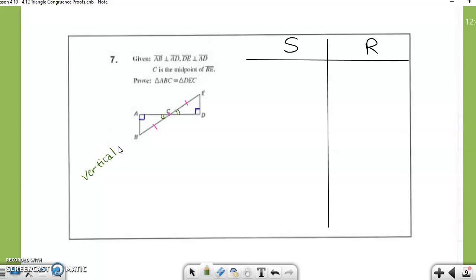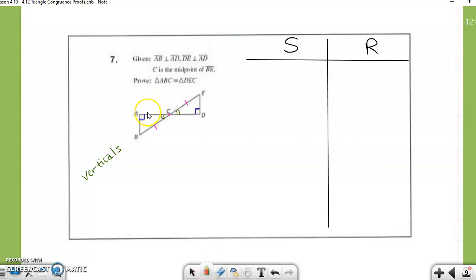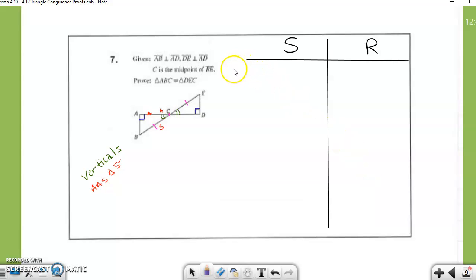And those verticals are always congruent by the vertical angle theorem. And once I do that, I've got an angle, angle, followed by a side. And I have the same angle, angle, side on the other triangle. So I know I can prove the triangles are congruent using that. Now it's time to get started on writing my proof.